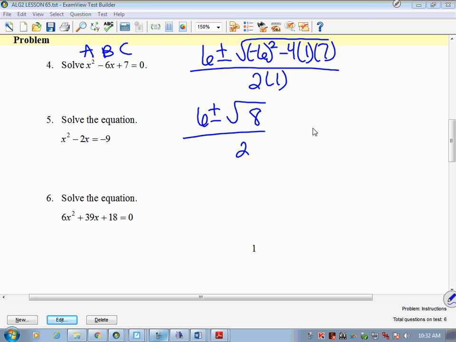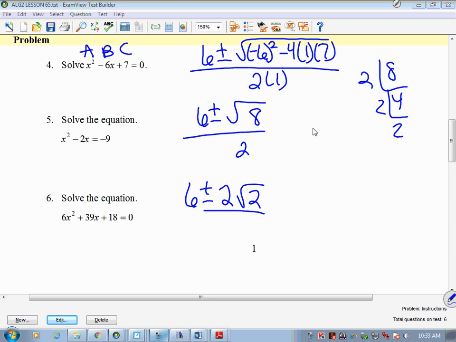Can I simplify the square root of 8? 2 and 4, 2 and 2. So what does this simplify to? 6 plus or minus 2 radical 2 over 2.